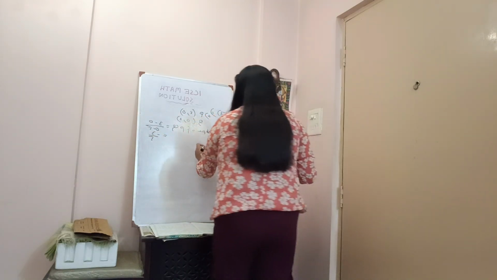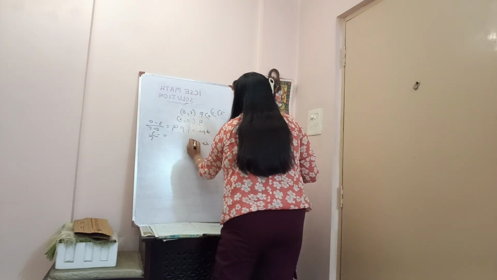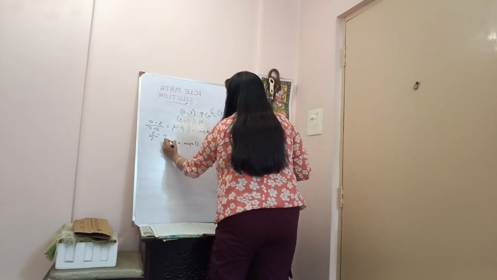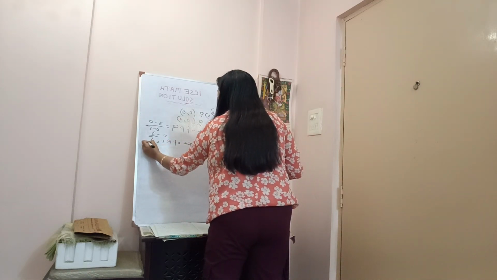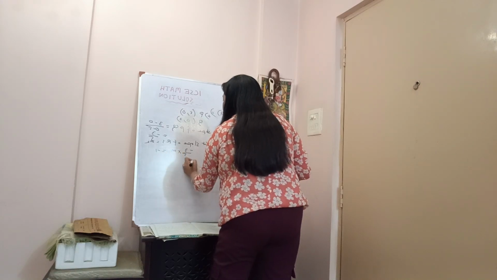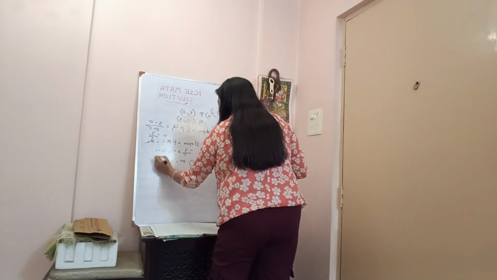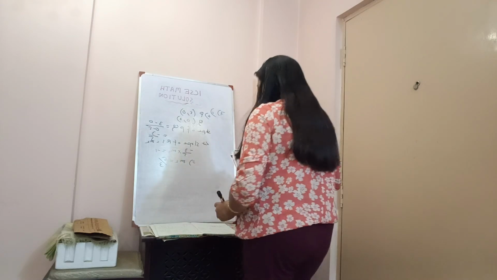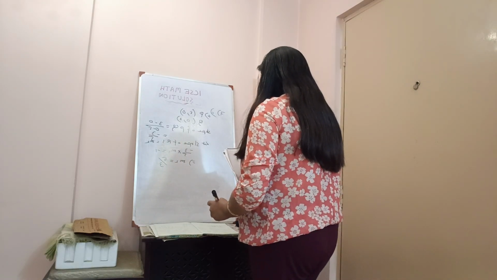Let the slope of RS be M2. So minus 3 by 5 into M2 is equal to minus 1, so M2 equals 5 by 3.